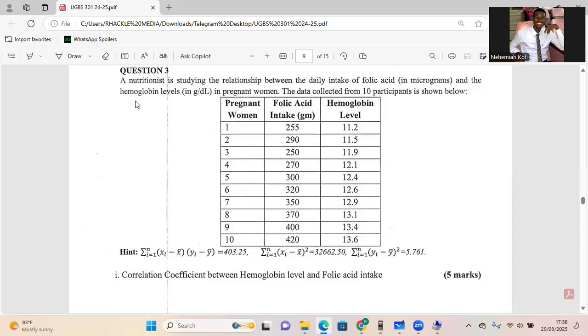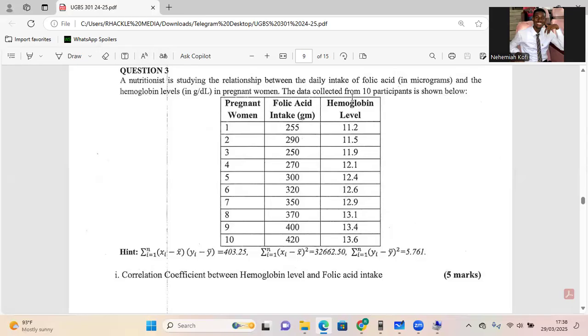So here they are trying to use it to check whether an intake of folic acid actually increases the hemoglobin level in our body, right? So here a nutritionist is studying the relationship between the daily intake of folic acid in micrograms and the hemoglobin levels in pregnant women.